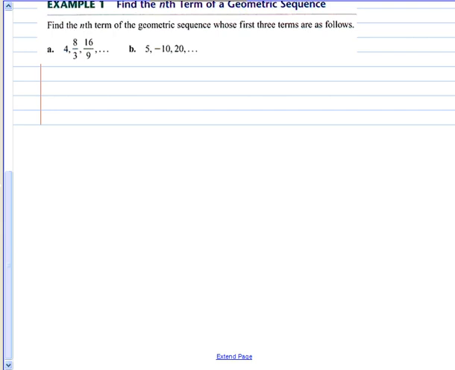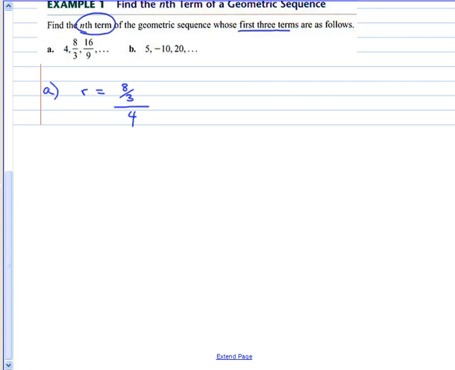So let's try these problems. Let's find the nth term, whichever term they happen to tell us, of the geometric sequence whose first 3 terms are as follows. So on part A, I need to know what is that common ratio. So I can take any term, I'm going to take the 8/3, and divide it by the term before. Now, when we have fractions, we don't divide by fractions.